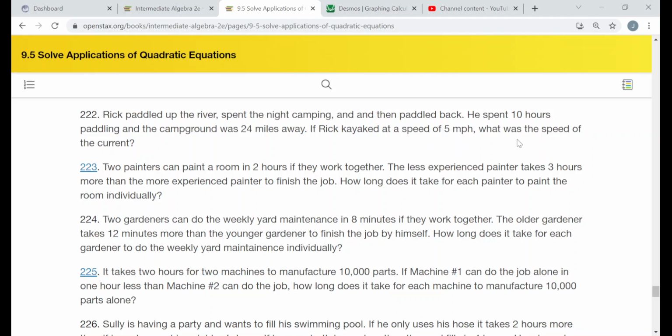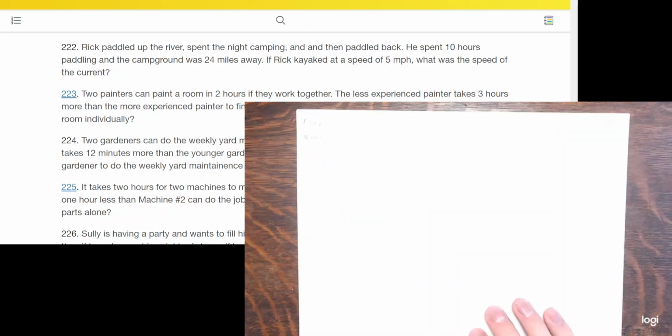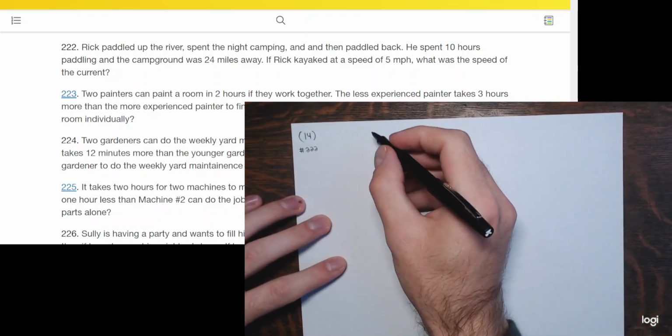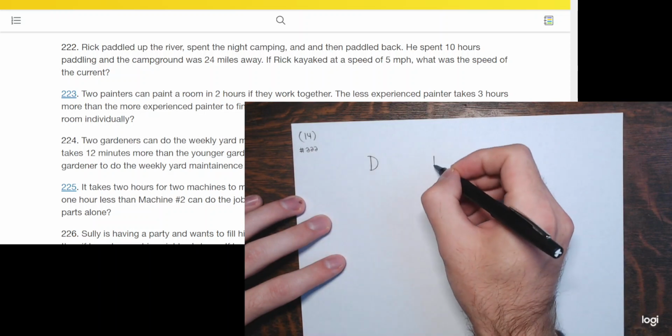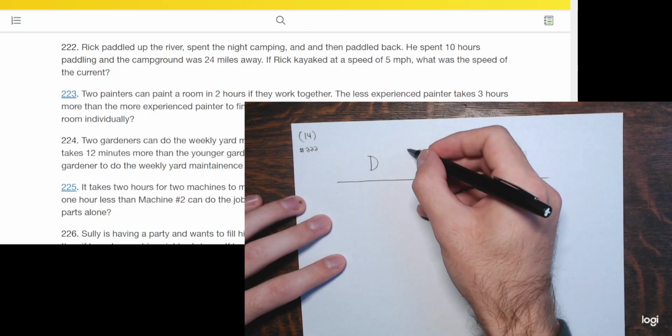So this is very similar to exercise 220, example 13, where I'm going to have a distance, rate, and time, and we're trying to find the speed of the current here instead of the speed of the wind. But it's still a very, very similar setup. Exercise 222. So again, I'm going to set up a distance, rate, time table, uniform motion problem.